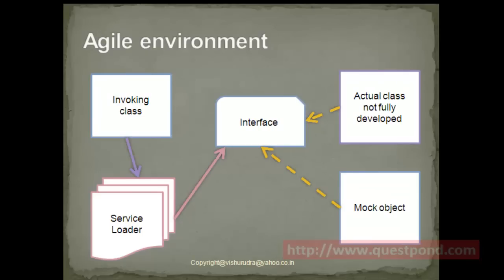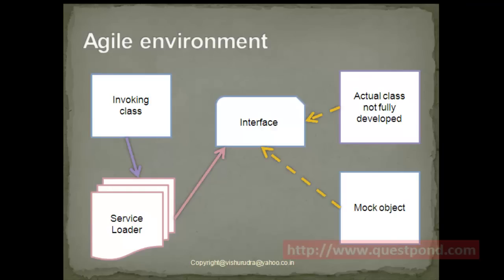One of the major places where service loader will be very useful is for projects involving multiple development teams or development in an agile environment. In this case, multiple people work on the same project, each implementing different functionalities.